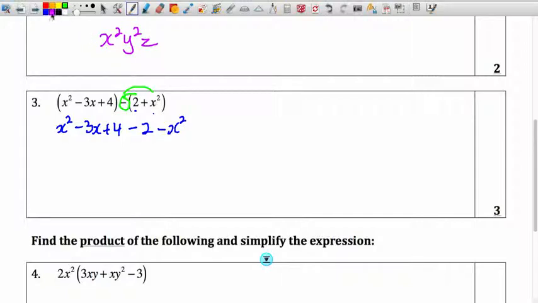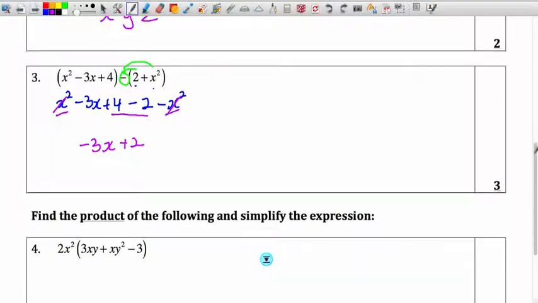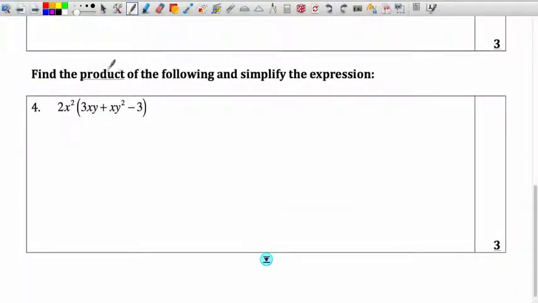Now the problem is the same as the previous ones. I've got an x squared minus an x squared, which is going to cancel. I have plus 4 minus 2, and so I have minus 3x, which can't combine with anything, and plus 2 as my final answer.